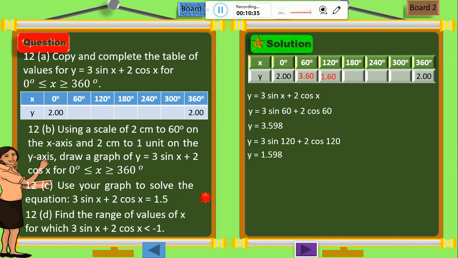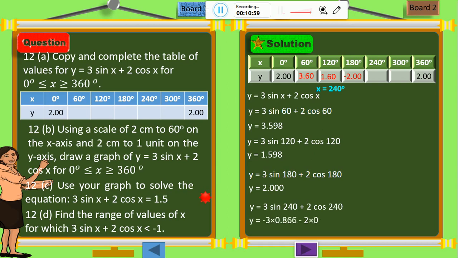That yields y is equal to 1.60 centimeters. The next substitution, y will be 180, giving us y is equal to 2. The next substitution, y will be 240, giving us x is equal to minus 3.60.